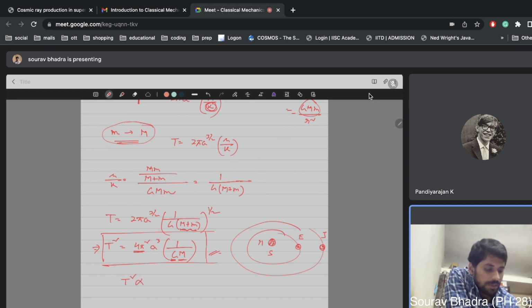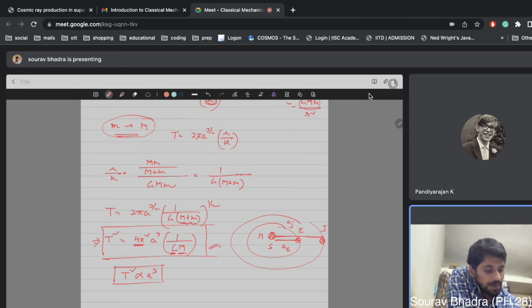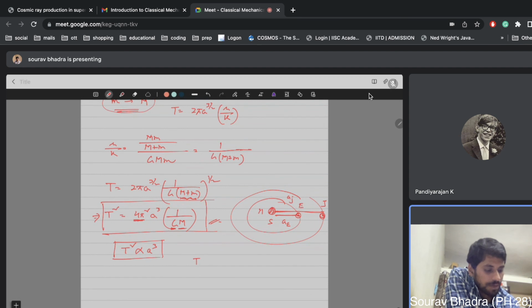So your T square is varying as a cube, where a is the semi major axis. That means this is the distance for, let us write ae for earth, and this is the distance for aj, that is Jupiter. So if you want to calculate the time period of these two planets, it is related like this.